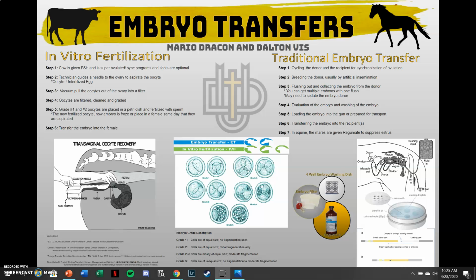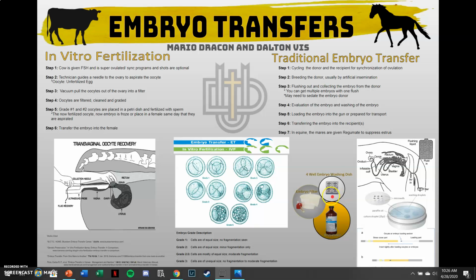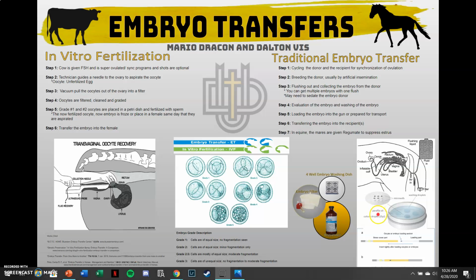After you determine whether it's grade 1 or grade 2, it will be washed in this embryo washing dish that looks kind of like this. A lot of these change. Sometimes they have 4 wells, sometimes they have 3. It kind of depends on the product. But basically, inside this washing dish, there's this paraffin oil, and the embryo is pipetted into each one of these wells.